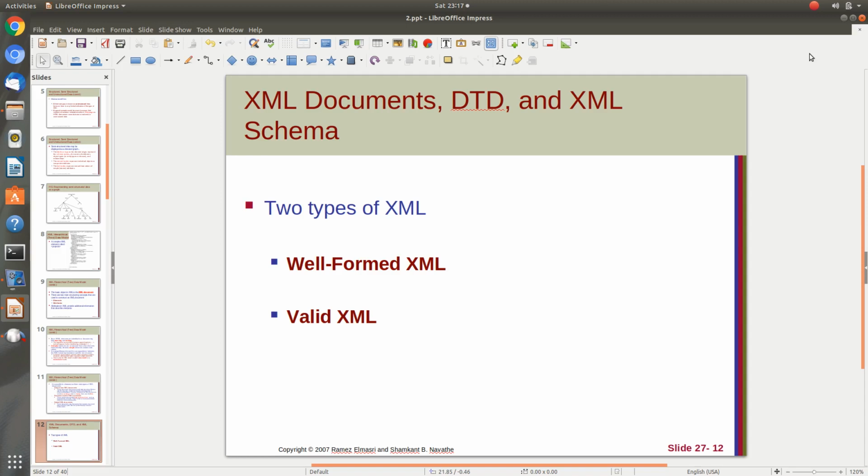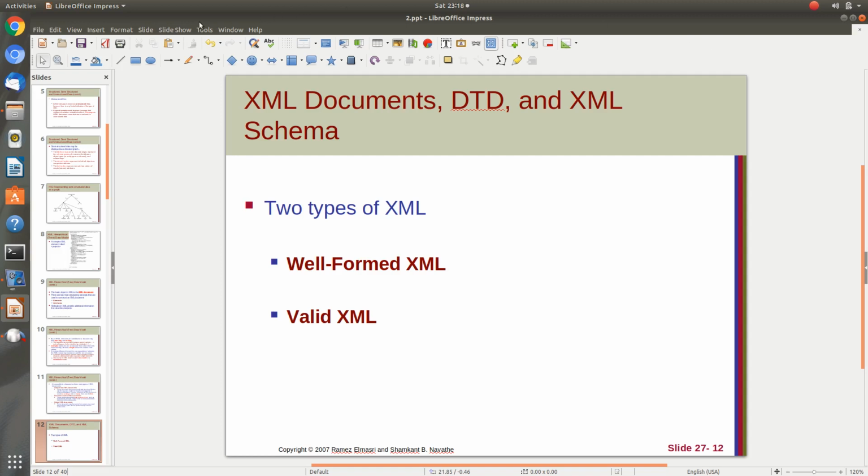So in this video lecture I will be focusing on one type of XML that follows the categories. We will be discussing both, and from the second category we will be focusing on the first one in this session, and the second will be discussed in the next video lecture.